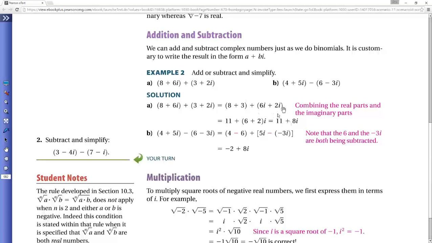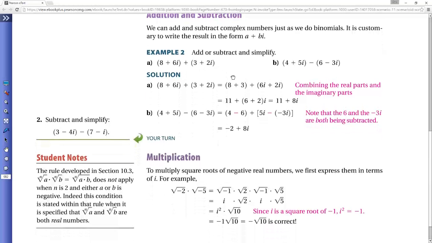Kind of looks like combining like terms, doesn't it? So we end up with this new complex number 11 plus 8i as the sum. They say give me the sum of those two things.